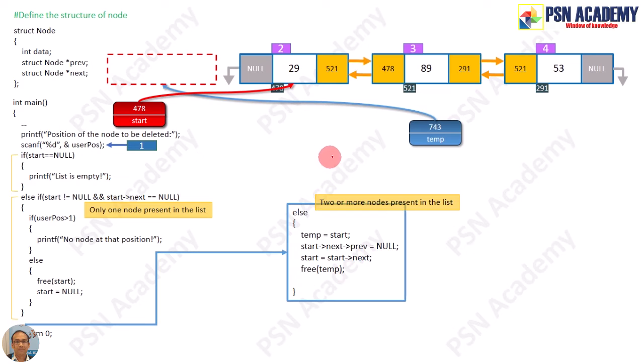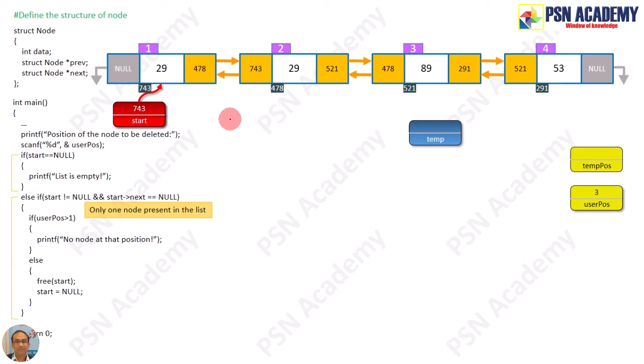And one little thing to do, to avoid the dangling pointer with temp, we should write temp equal to null so that it becomes like this. So you can clearly see that start is pointing to the first node, which was the second node before, and the prev pointer of this node is pointing to null. So you have deleted the first node from this list.